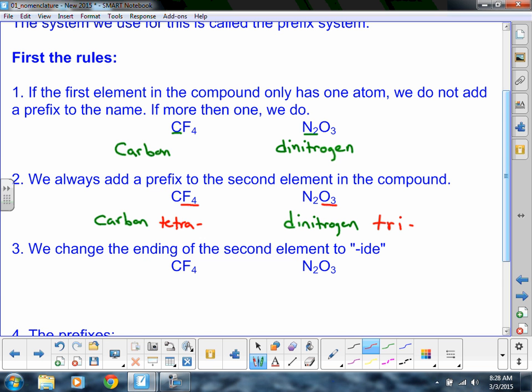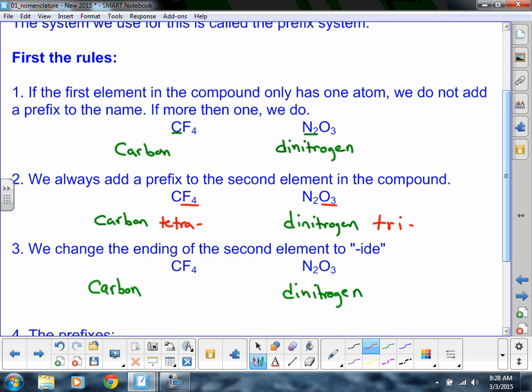Now for rule number 3, just like in ionic naming, so here's one other small similarity. We're talking binary molecular compounds, just like when we had binary ionic compounds. The second element here always ends with IDE. So if we want to finish off the name for CF4, again, we have carbon, no prefix because there's only one of them. We have dinitrogen because there's 2 nitrogens.